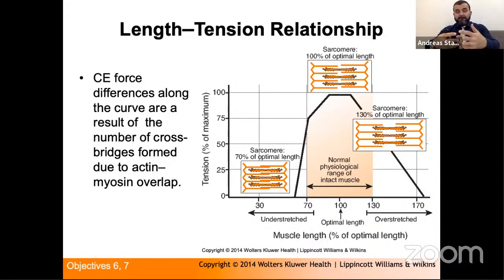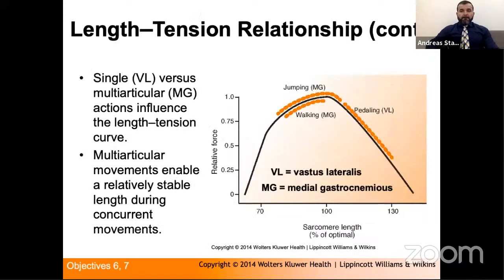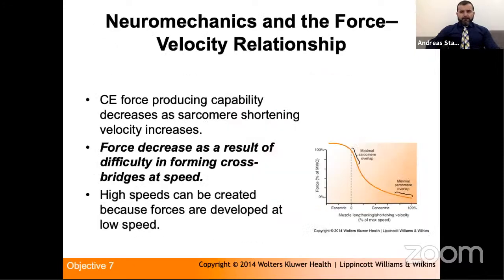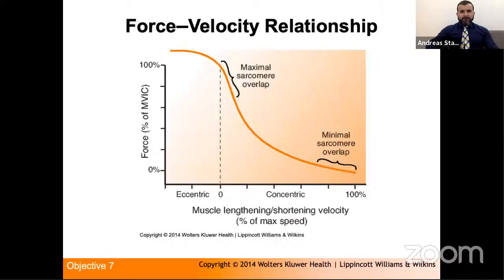Now, if it's understretched or overstretched, they're too far away and they cannot grab onto each other. So we're looking for the range where we have the maximum overlap of actin and myosin, which is from 70 to 130. Nothing crazy here. We talked about that, right?